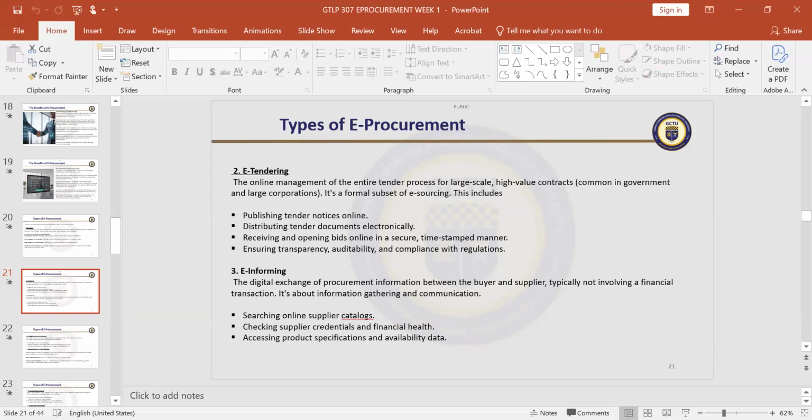So if you're a registered supplier on the platform, it gives you a notification that this tender bid starts at this time. And then sometimes it notifies you that you have 2 days, it's ending at this time, you will know. So that if you want to bid for that contract, you buy your tender form and then you put in your bid. Right. So this ensures transparency, auditability, and compliance with the regulation.